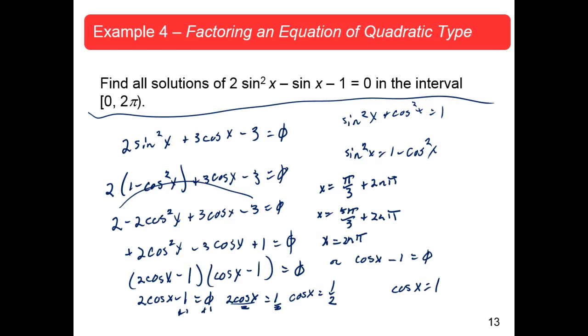None of those are a multiple of your period apart from each other. So let's see what they got. x equals 2n pi. We did that last, they did it first. Pi thirds plus 2n pi, and then 5 pi thirds plus 2n pi. Good for them. They got it right.